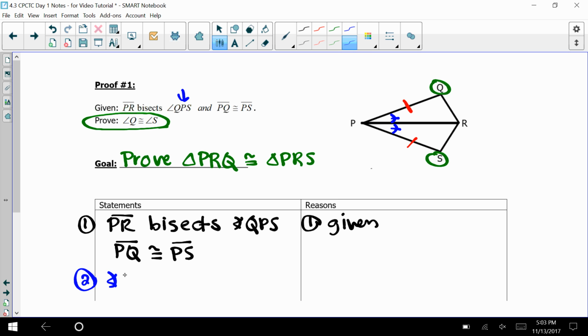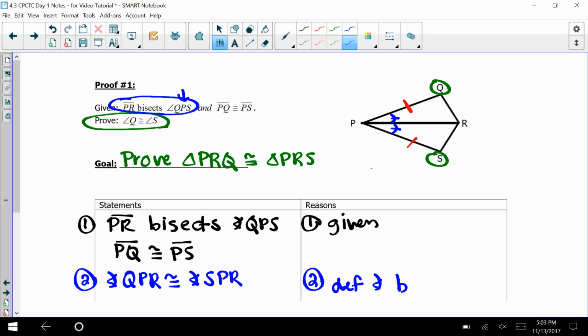So we know that angle QPR is congruent to angle SPR. The reason why is because PR bisects the angle, so it's the definition of an angle bisector.